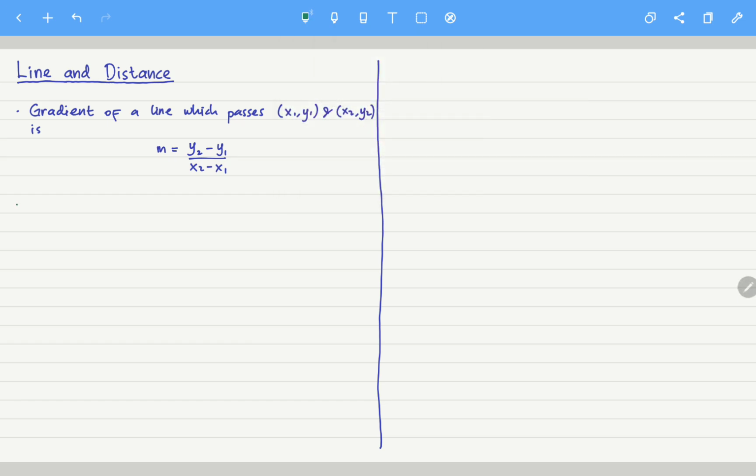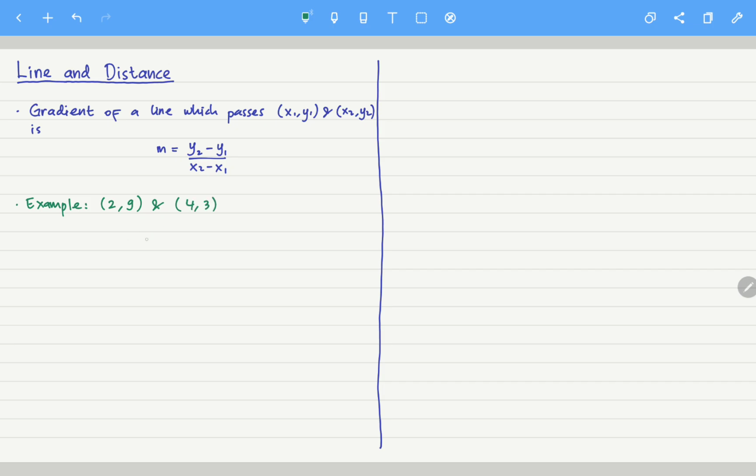So for example, if we have 2 points, let's say the first point is 2, 9, and the second point is 4, 3.